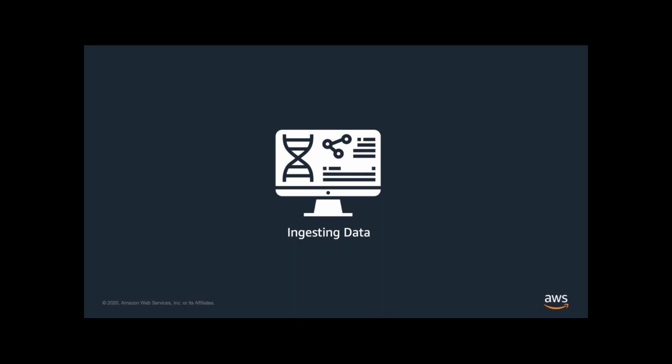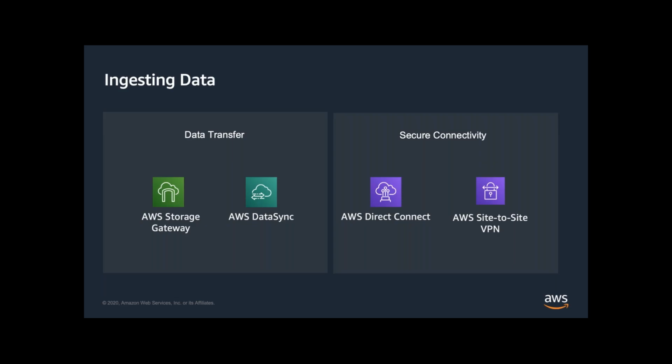So as we look at data transfer and secure connectivity, there's a broad set of AWS services that play in here, as shown on the next slide, and 2 that I want to focus on from the data transfer piece are Storage Gateway and AWS DataSync.